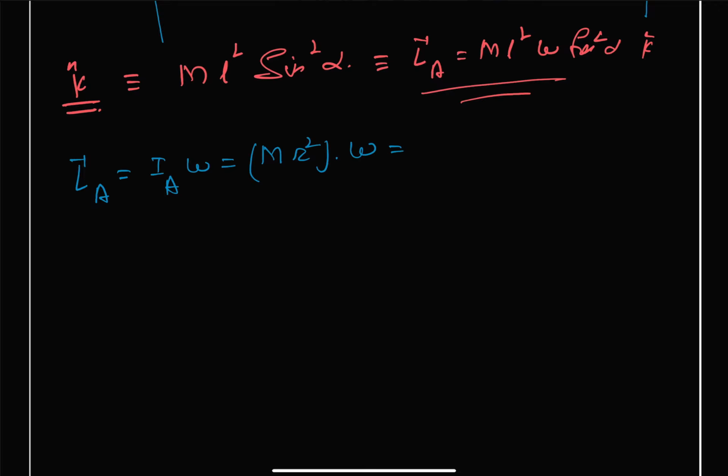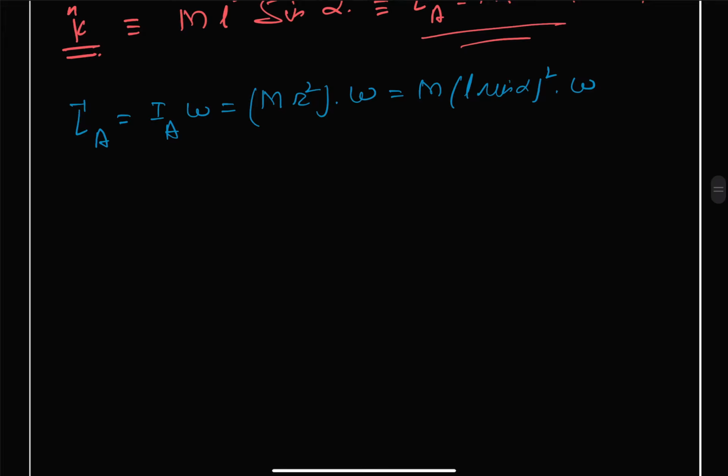Our radius we already know is L sin alpha, so m times L sin alpha whole square multiplied by omega. So we get the same result: the angular momentum with respect to point A will be equal to m L square sin square alpha omega, along the k unit vector.